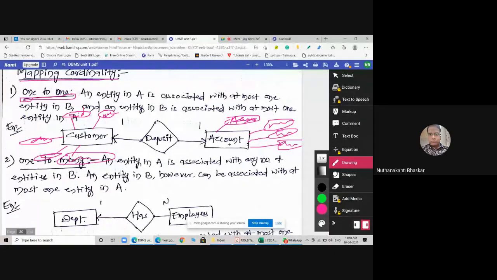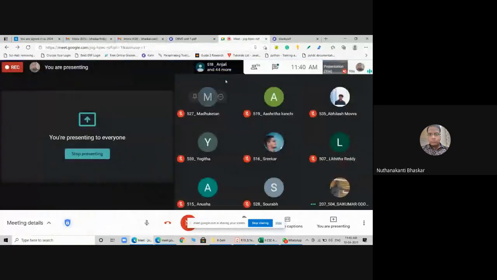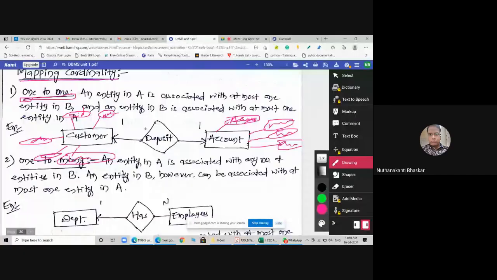Is it audible? Now understood. Customer deposit to account. One customer is going to deposit to one account, so this is a one-to-one cardinality. Are you clear?